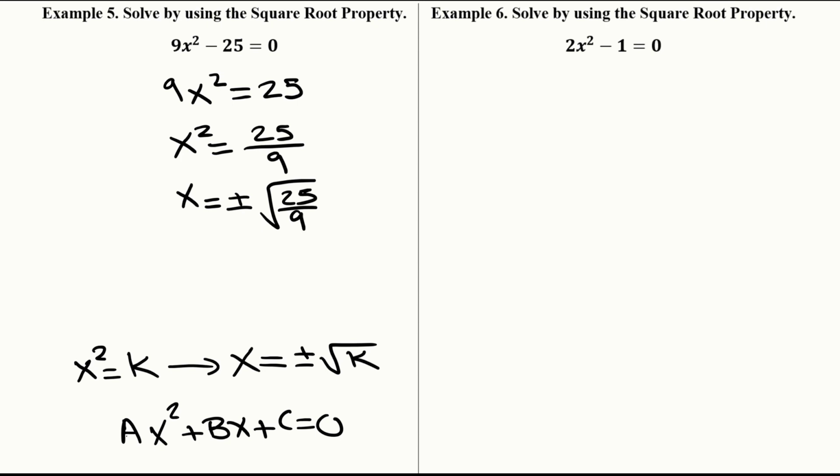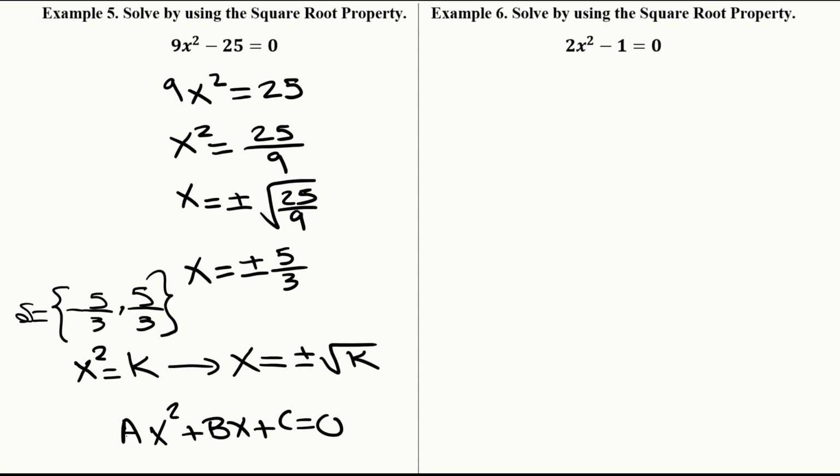So now, of course, we know that square root of 25 over 9 is a nice, simple, rational number, and it happens to be plus or minus 5/3. And we can go ahead and write our solution set as containing negative 5/3 and 5/3, like so.